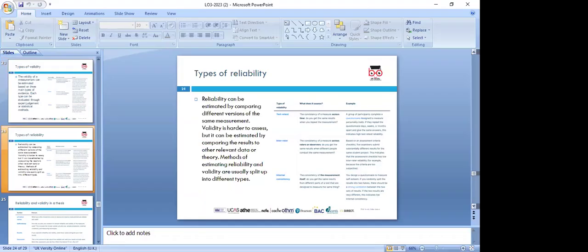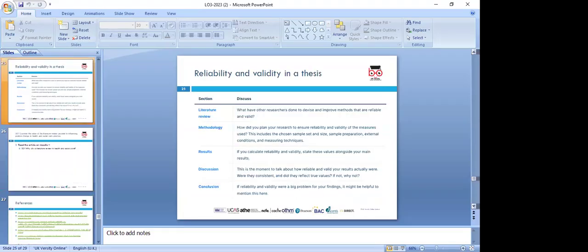Reliability can be test-retest and internal consistency. Reliability can be estimated by comparing different versions of the same measurement. Validity is harder to assess, but it can be estimated by comparing the result to other relevant data or theory.